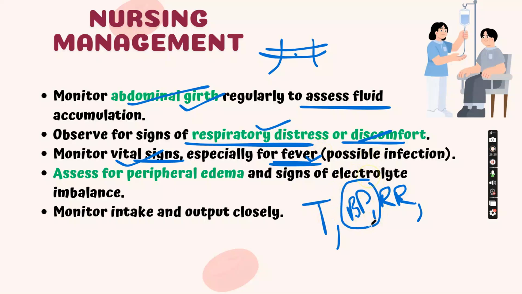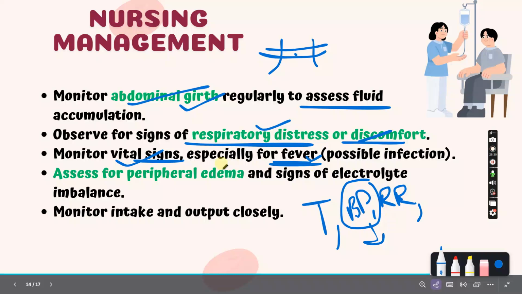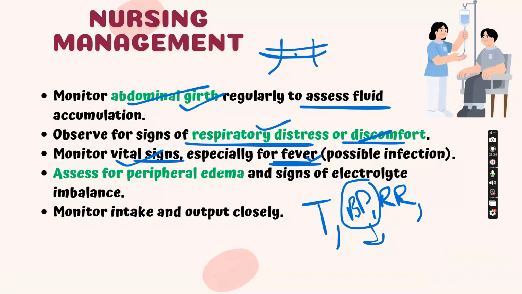I have told you that the BP will be checked to see if the BP levels are within the normal range or not. If it's low, then the patient could be in a hypotensive state. Then assess for peripheral edema. We'll check if there is peripheral edema or not.